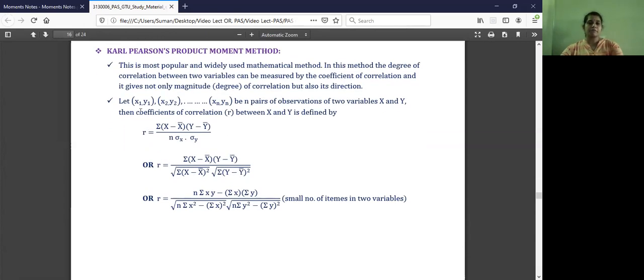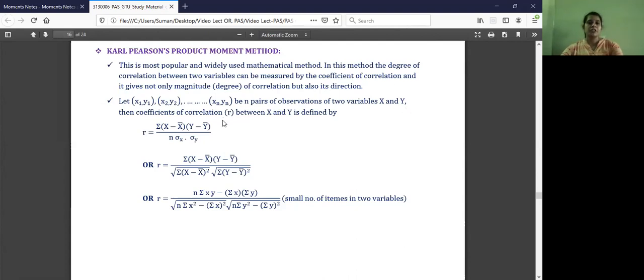So we are given pairs, because correlation always depends on two variables or more than two variables. We are given the points x1, y1, x2, y2, up to xn, yn, the n pairs of observations of two variables x and y.